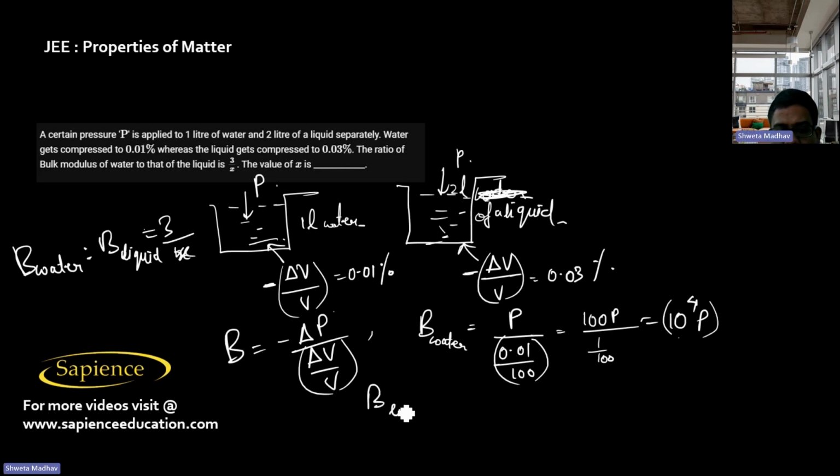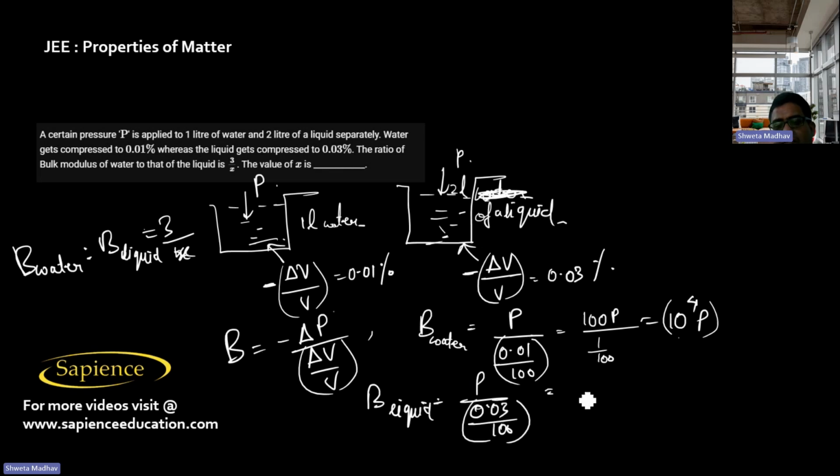And the bulk modulus of the liquid will be equal to P by, okay. The change in the pressure is P only, but the fractional change in the volume, which is the compression, is 0.03 by 100.